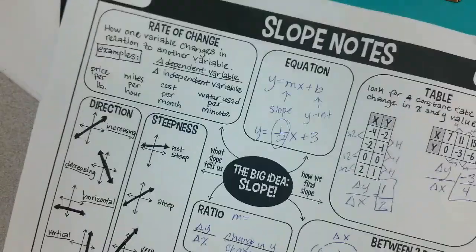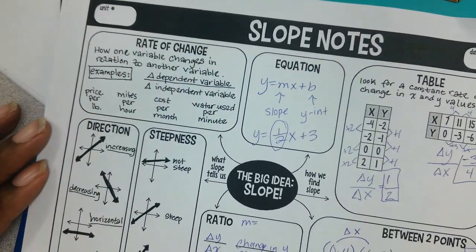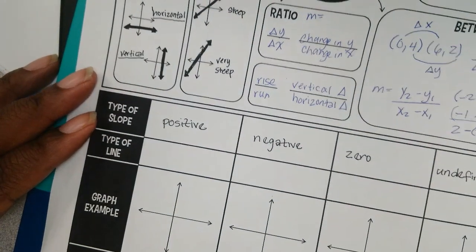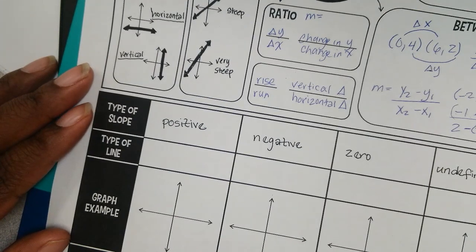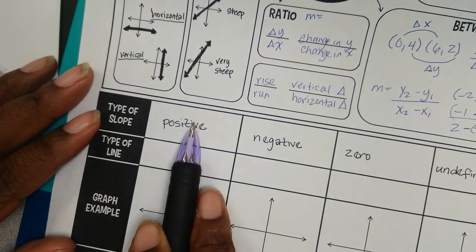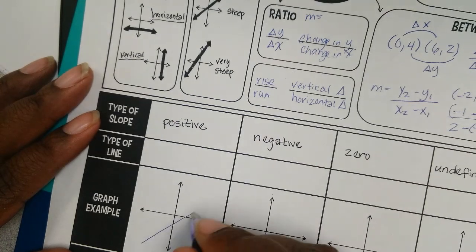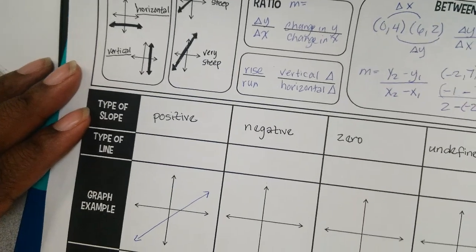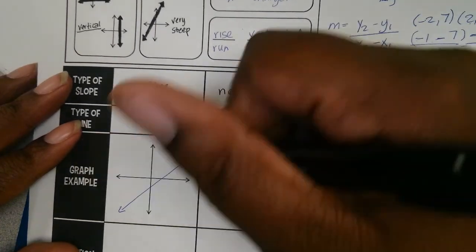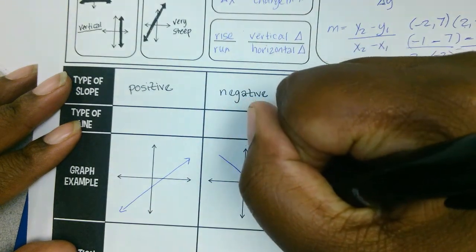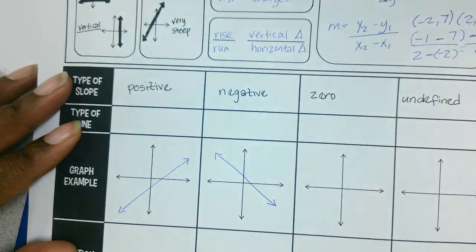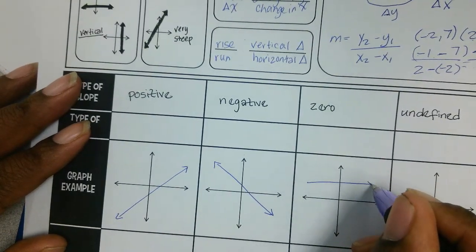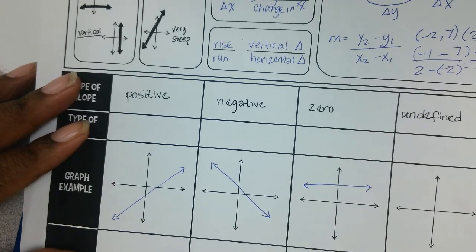So this is just a reminder of how we find slope. Now here is basically showing us with the graph. Again, with my graph, I would know it's rise over run. If it's a positive slope, I know that my line is increasing, so from left to right it's going up. If it's a negative slope, my line is going to be decreasing. If it's a slope of 0, that's a flat, horizontal line.